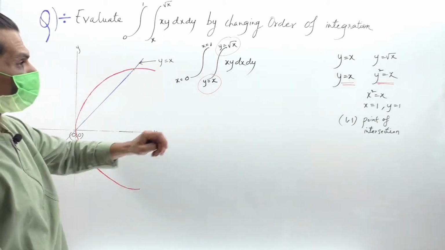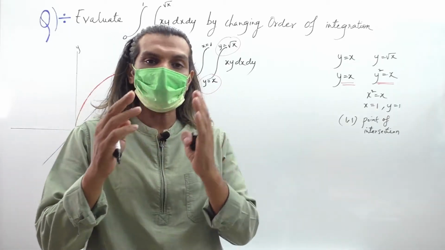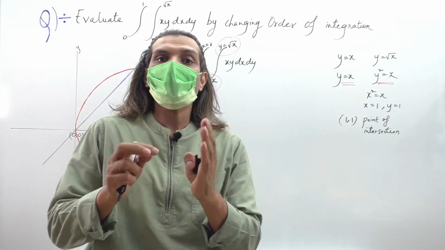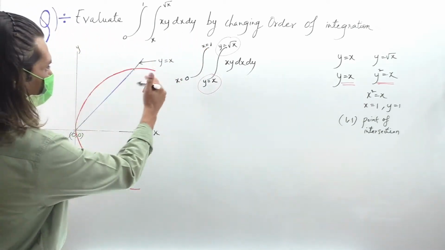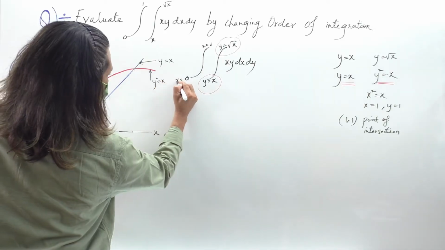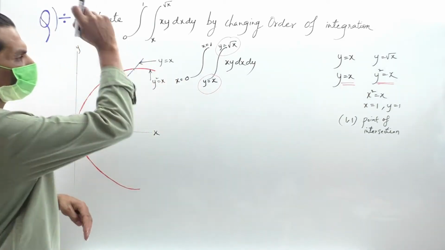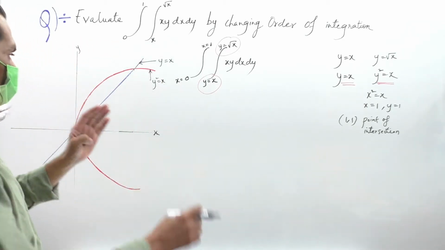Next is y square is equal to x, even powers of y. So it's a parabola which is symmetrical about the x axis. This red graph you see is the parabola y square is equal to x, symmetrical about the x axis.